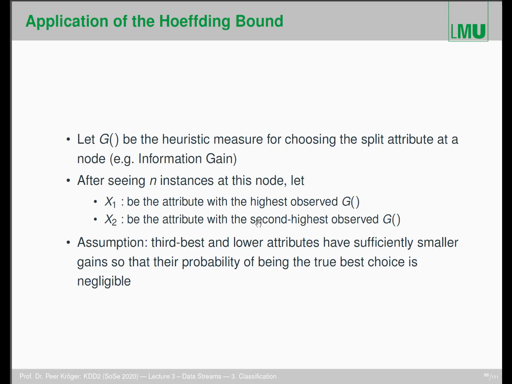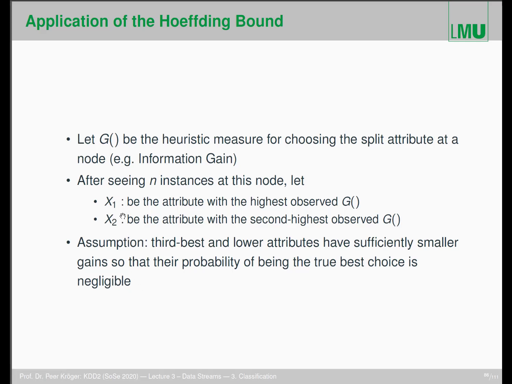X2 is the second best, and then we have the third best, fourth best, and so on. The third best and lower attributes have sufficiently smaller heuristic G values so that the probability of being the true best choice is negligible.